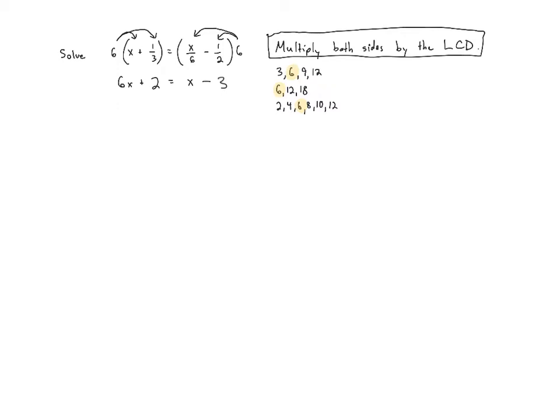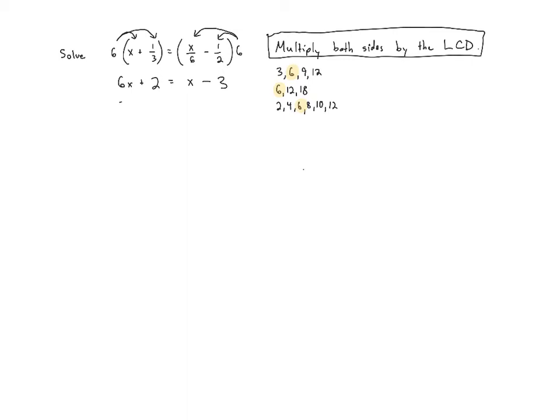Multiplying by the LCD should always get rid of the fractions in an equation and make it much simpler to solve. Now we have variable terms on both sides. We want to get x alone on one side, so what we need to do next is eliminate one of these variable terms.